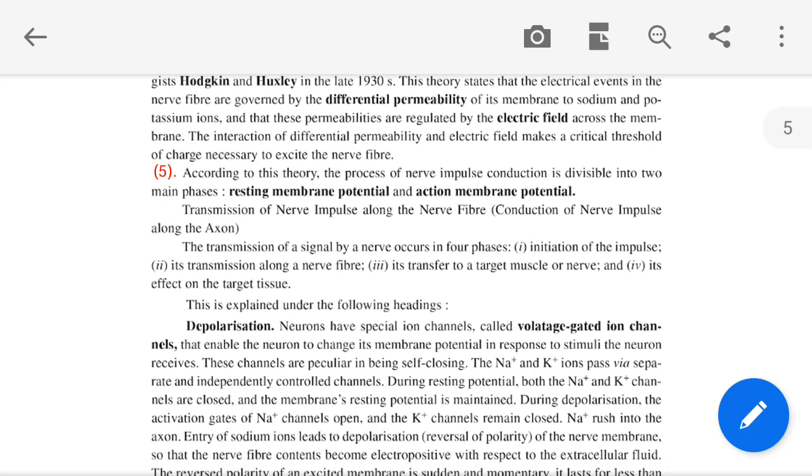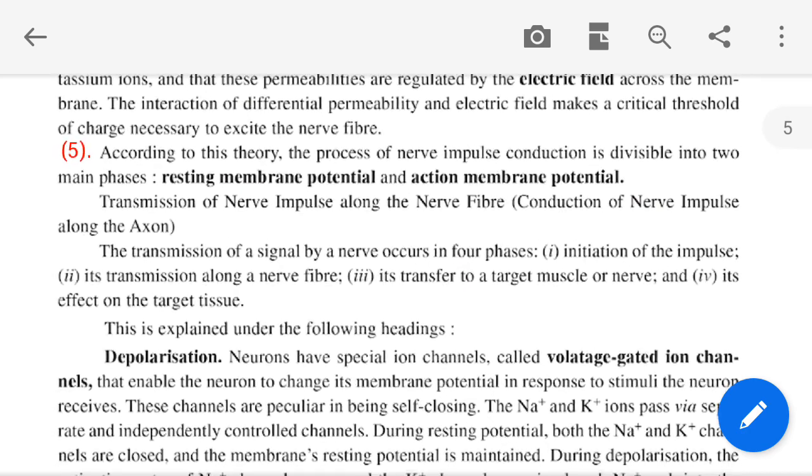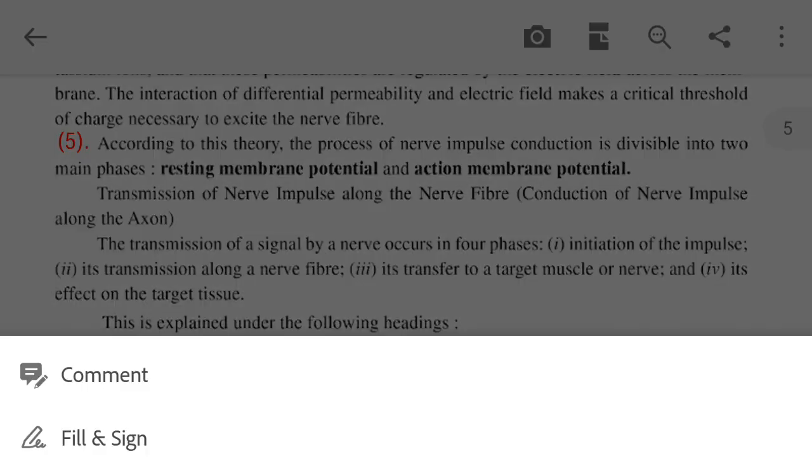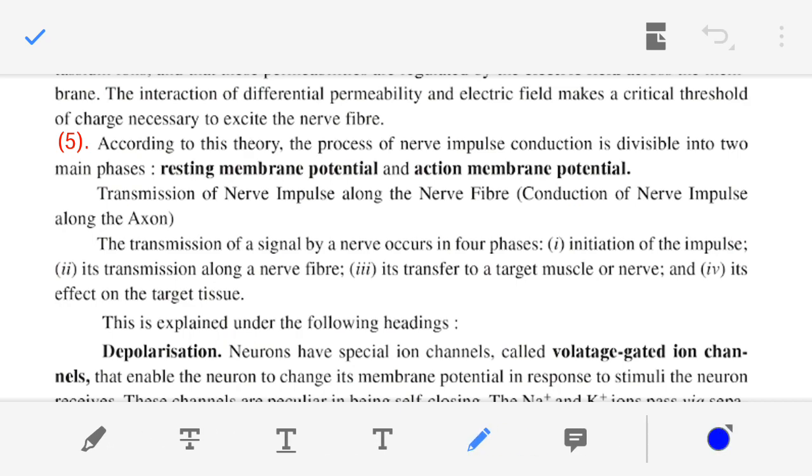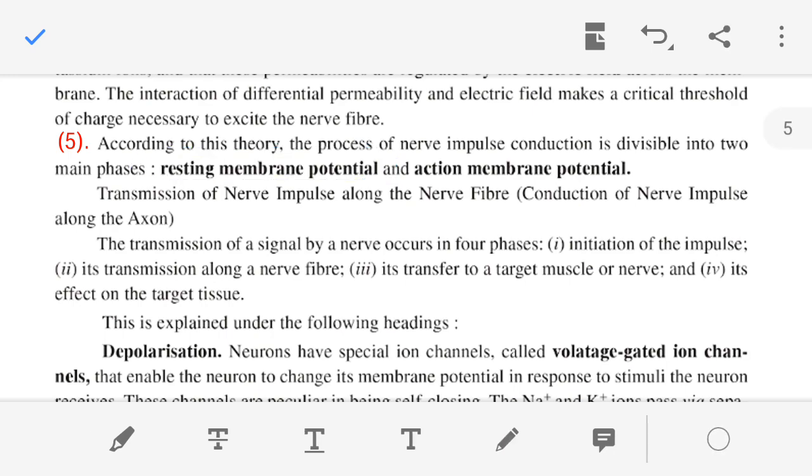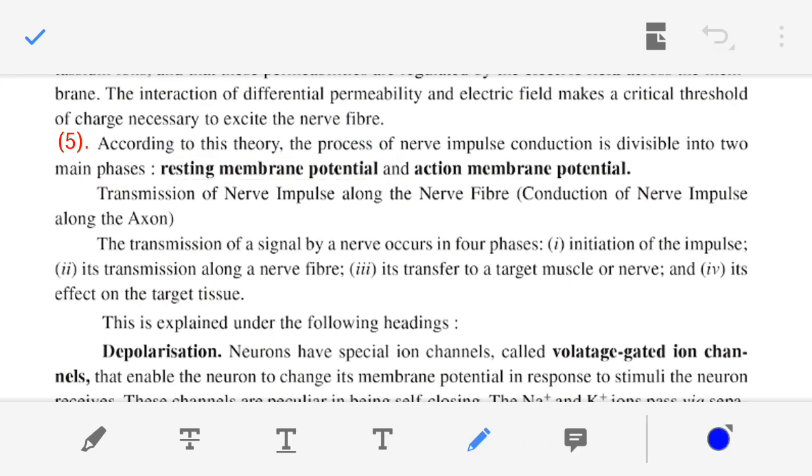So with this we have completed our discussion on resting membrane potential. Okay, now we know that resting membrane potential is minus 70 mV, and now we are going to discuss the action membrane potential.